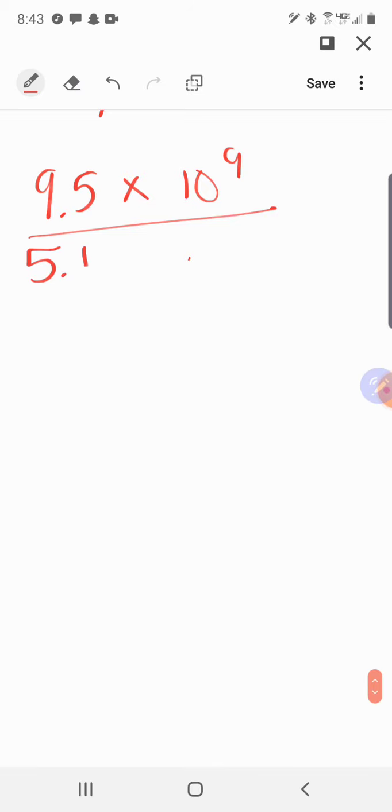So what I'm going to do, I'm just going to divide. All right, what I'm going to do is I'm going to take 9.5 times 10 to the 9th, and I'm going to divide that by 5.1 times 10 to the 8th.